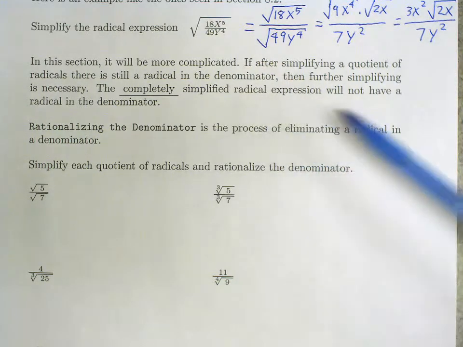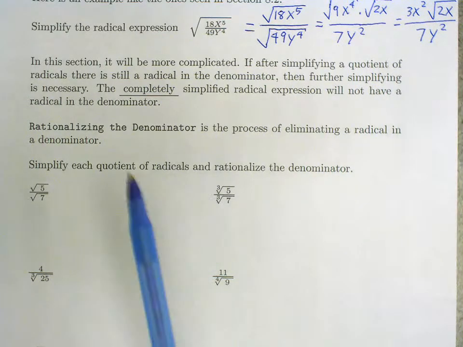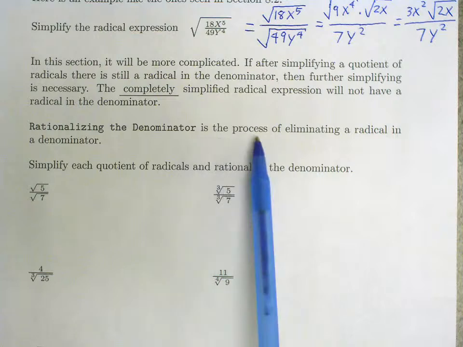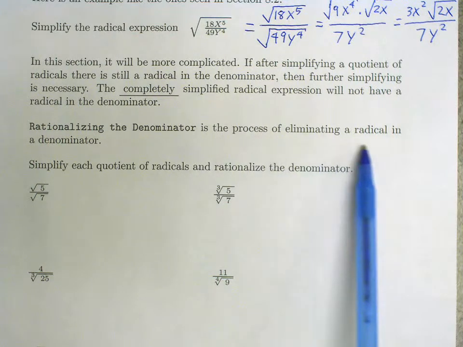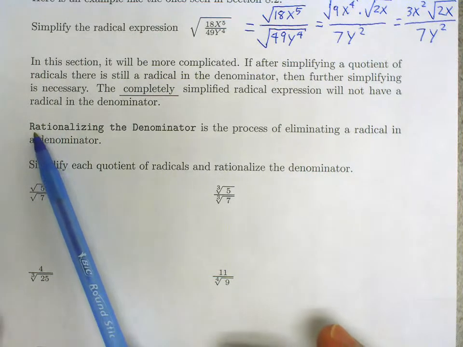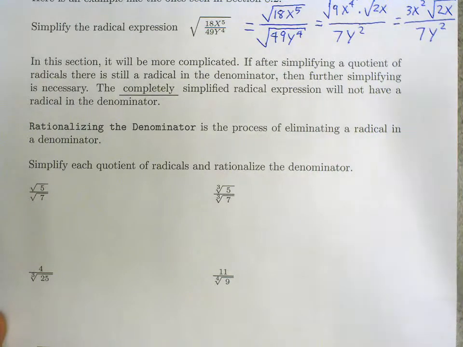So the completely simplified radical expression will not have a radical in the denominator. Rationalizing the denominator is the name of this process of eliminating a radical in a denominator. So by rationalizing the denominator, that means that in the end, we want the denominator to be a rational number.